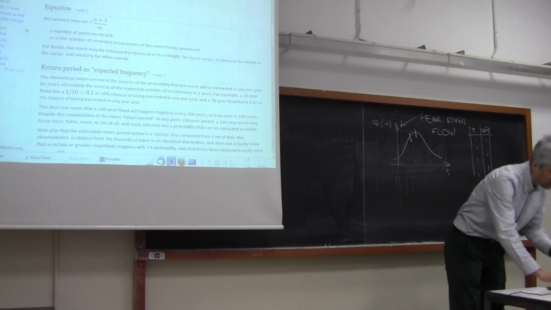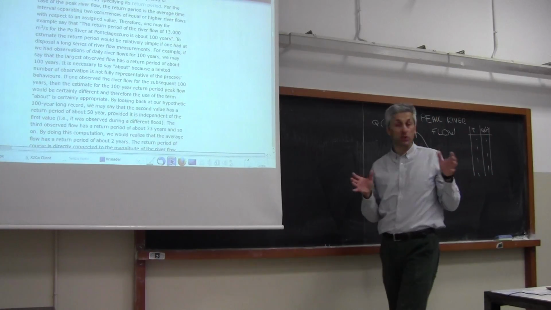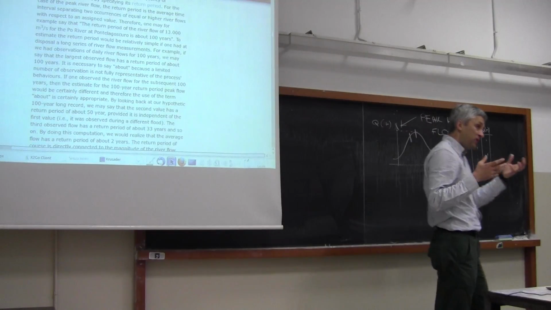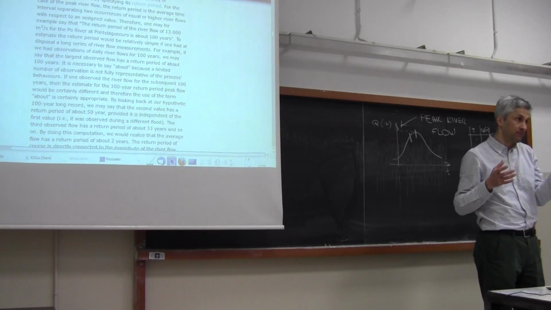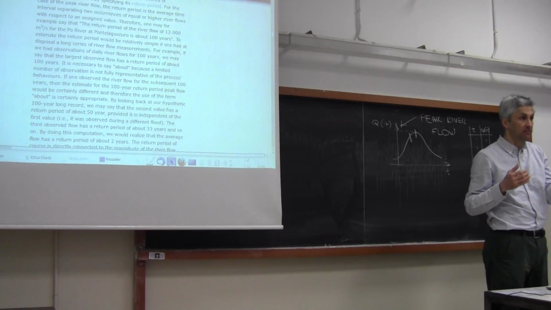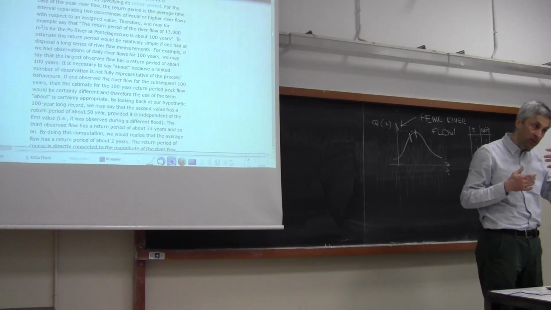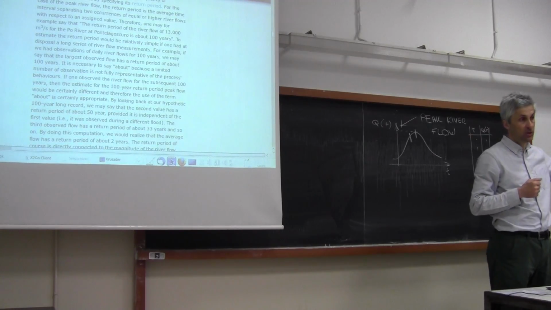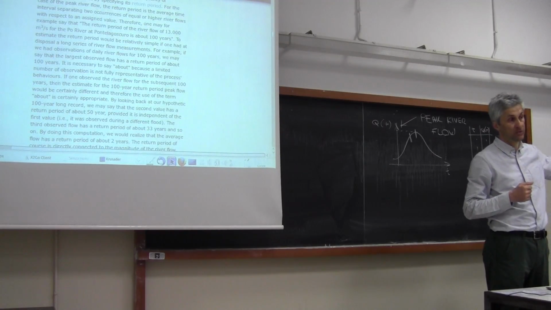So basically we need this specification of the return period, which is basically the lifetime of the structure. So if we design a dam, we also have some indications which are given to us on the expected lifetime.